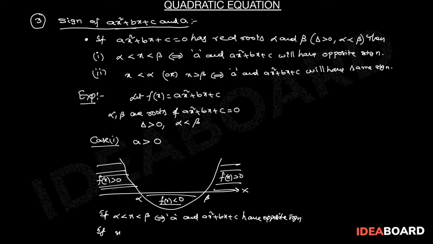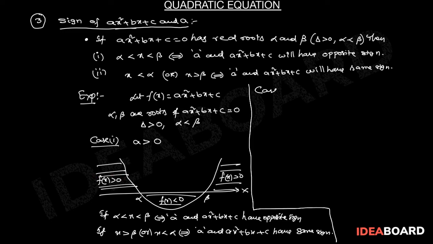If x is greater than beta or x is less than alpha, that implies and implied by a and ax square plus bx plus c have same signs. Observe the diagram. Here a positive, in between alpha and beta f of x is negative. A positive, less than alpha, more than beta, f of x is greater than 0.